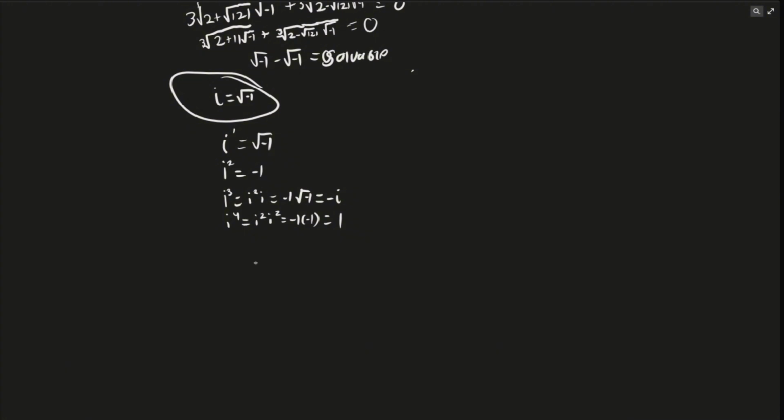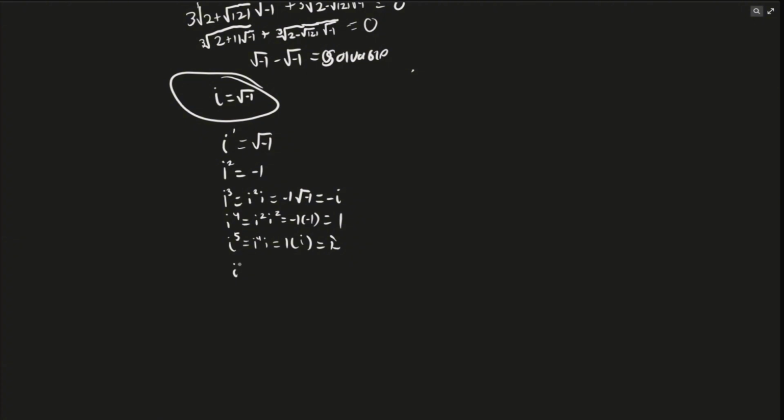And a fun one, i to the fifth can be separated into i to the fourth times i, which then equals 1 times i.